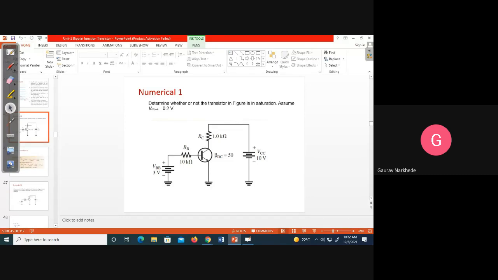Please note that. And second, whenever you are learning this unit number 2, follow the sequence in which I am teaching you. Are you understanding these concepts of transistors? Yes, sir. Please follow the same sequence while studying also, else you will get confused.